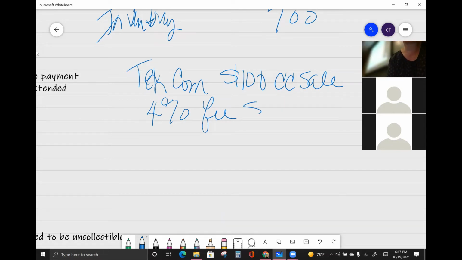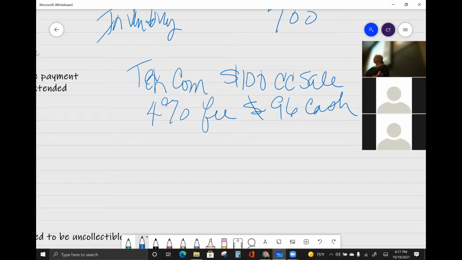And then we get the cash immediately because it's a credit card where we're receiving the cash right away. It's not our own card. So if I take that bank card, I'm going to pay the 4% to the bank. So that becomes an expense in order to get my cash right away.